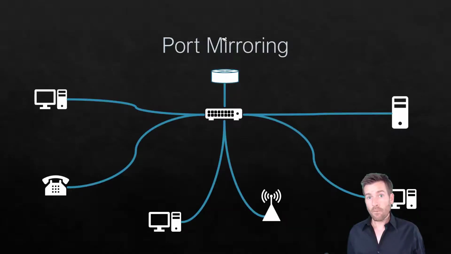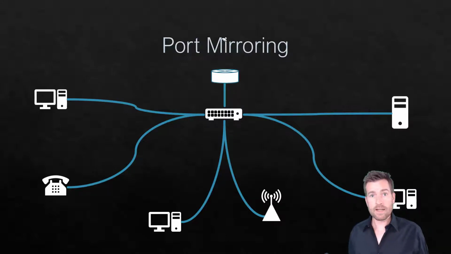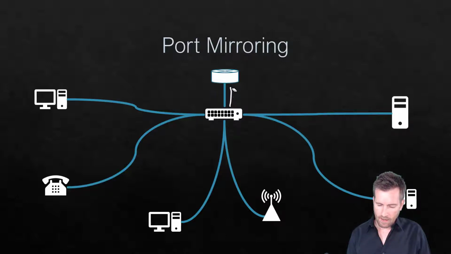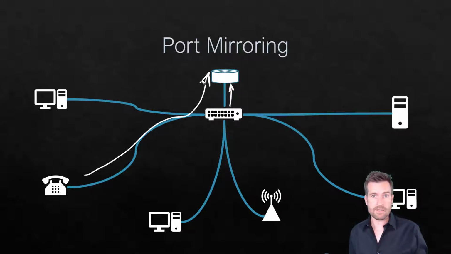One thing we may want to do on our networks is monitor the traffic that's going across it. So in this example right now, we're going to be talking about port mirroring and how to monitor traffic from another port. So we've got a router that's connected here, and all devices have to go out that router to get out to the internet. Perhaps we want to monitor that traffic and make sure that there's nothing nefarious either going out or coming into our network.